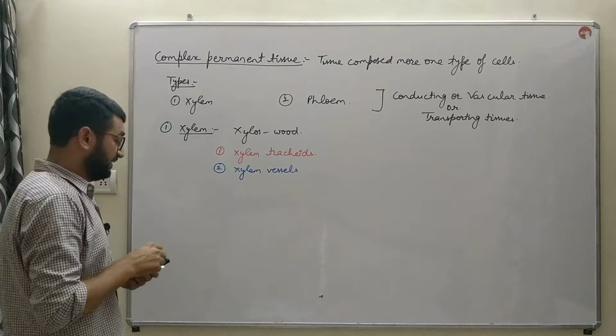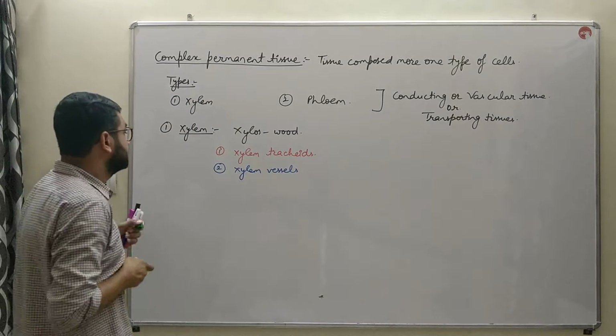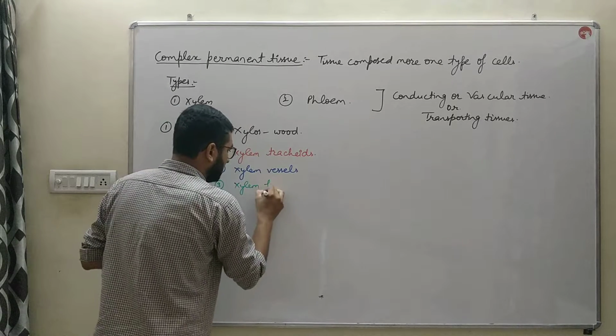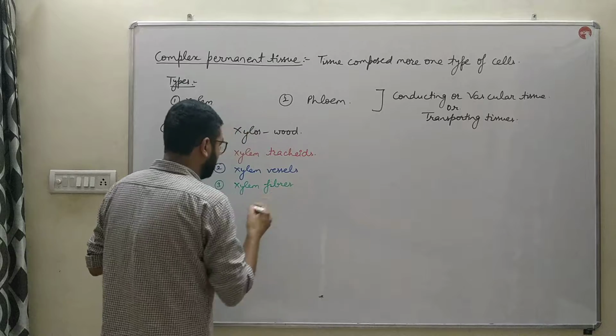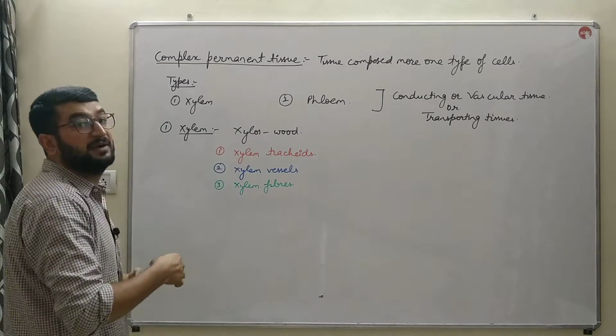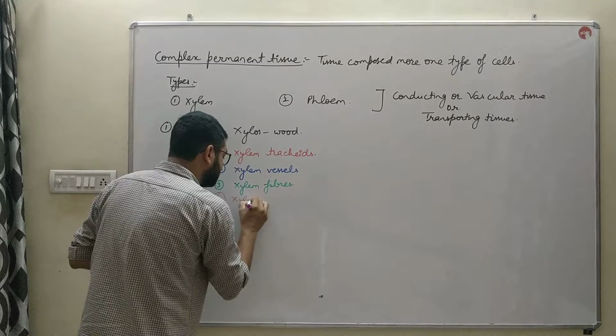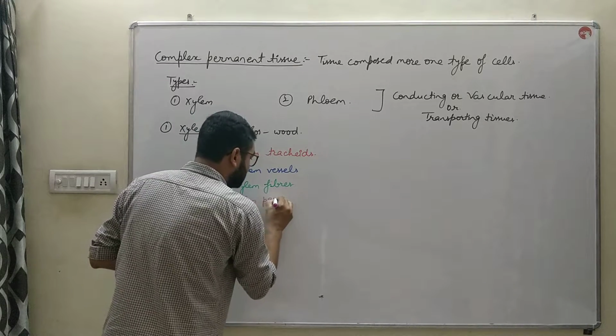The third one, xylem fibers. And the fourth one is xylem parenchyma. So these are the four components present in xylem tissue.